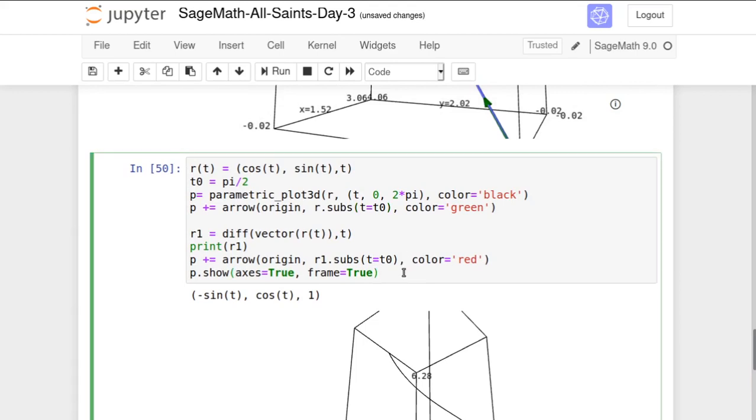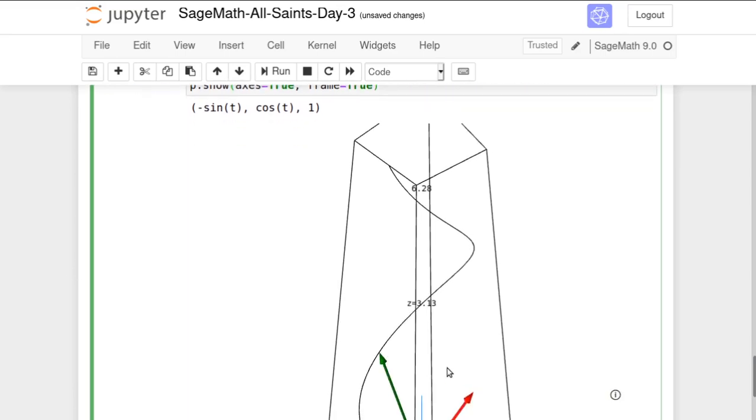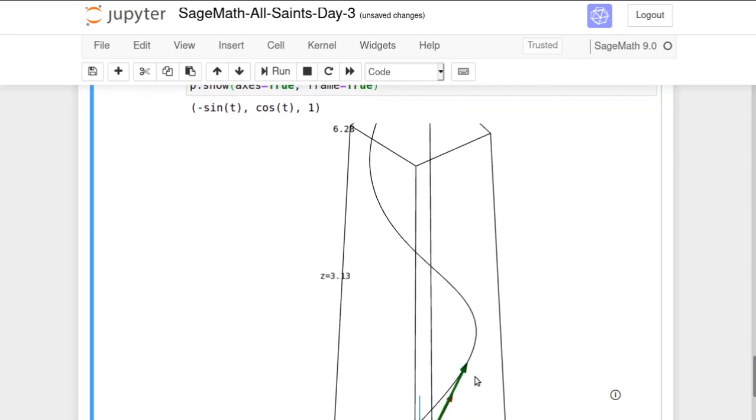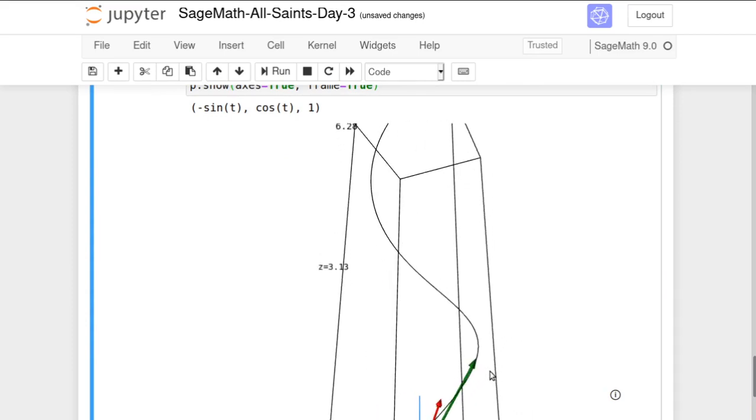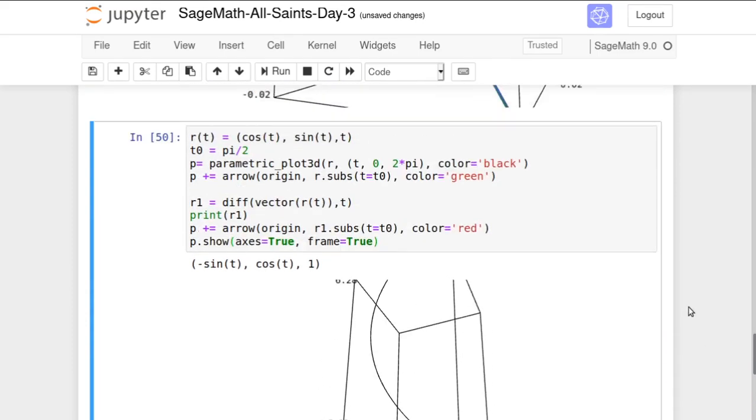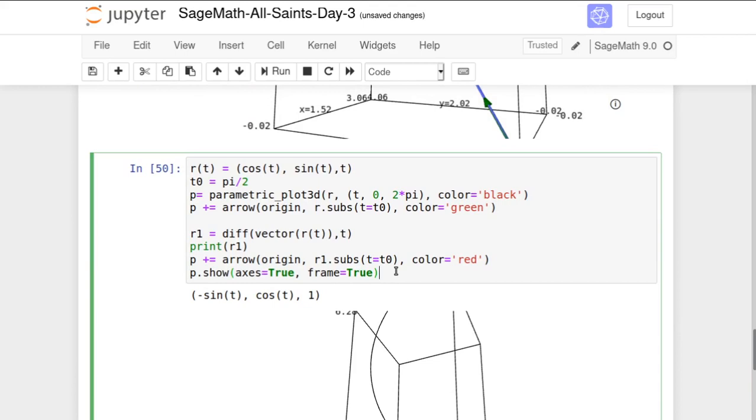Now, if you want to draw the actual tangent line itself, suppose that we want to draw the tangent line that passes through the endpoint of the green vector, which is a tangent line to this parametric curve. So we know that there is an equation for that. What is the equation?